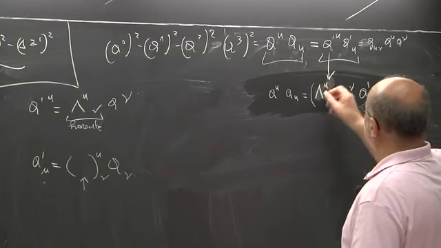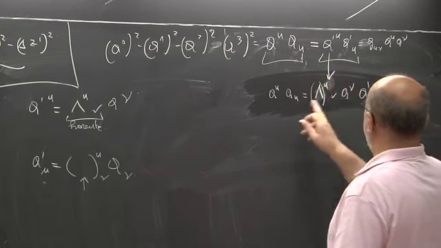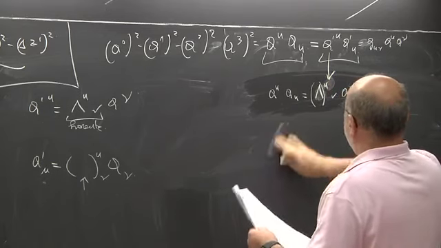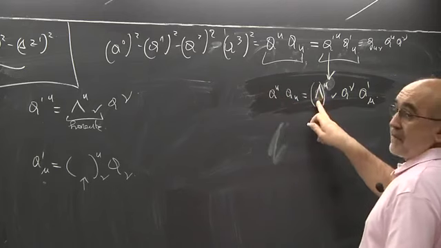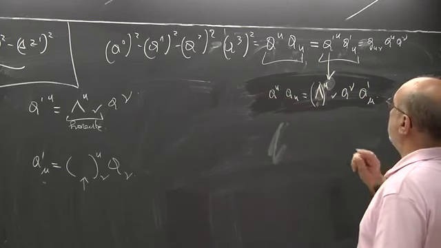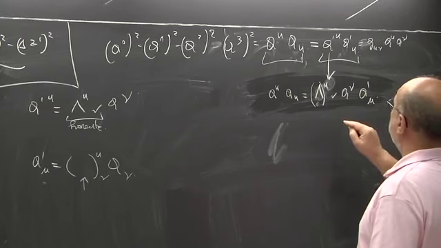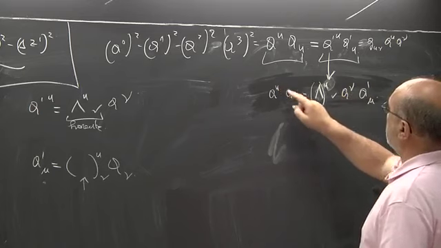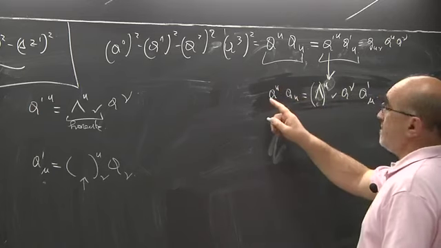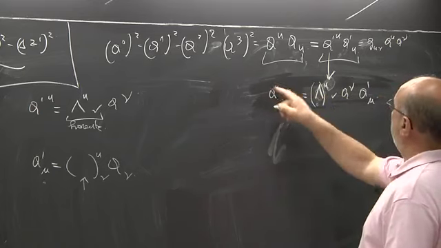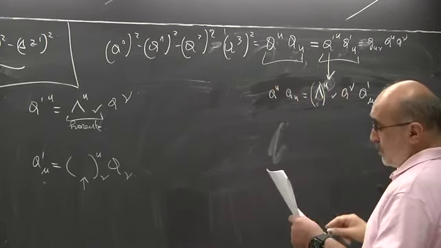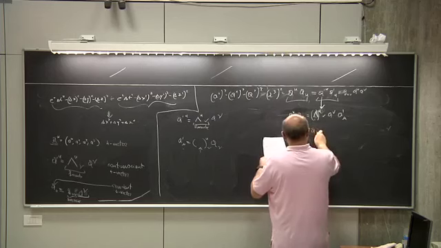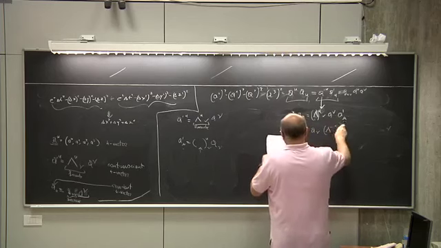Then remember that this is a matrix with these two indexes. So from here, you can immediately derive A_μ, now multiply by the inverse of this matrix on both sides. But you see, these indexes are saturated. It's immediate that if you multiply by Λ^-1, what you get is A'_μ is equal to A_ν (Λ^-1)^ν_μ.